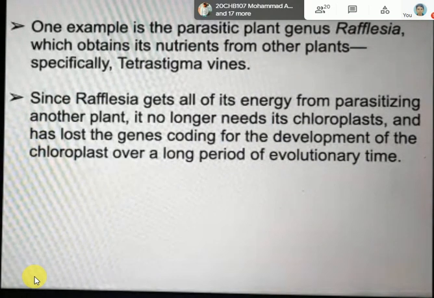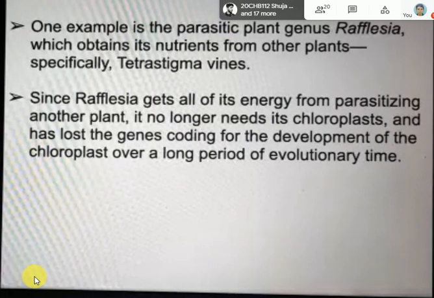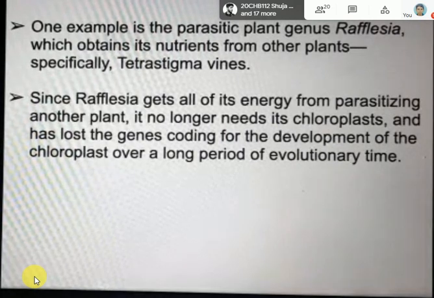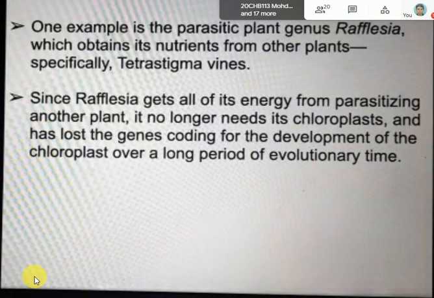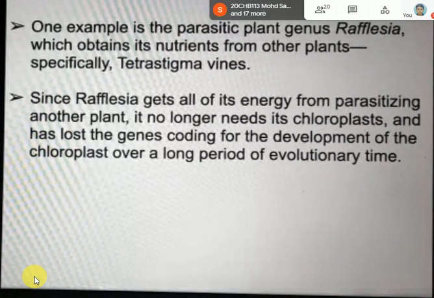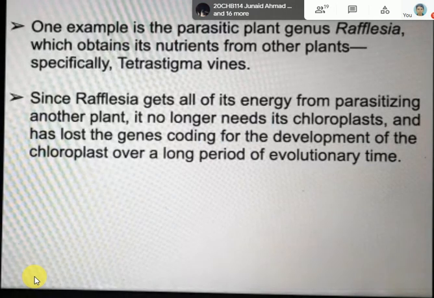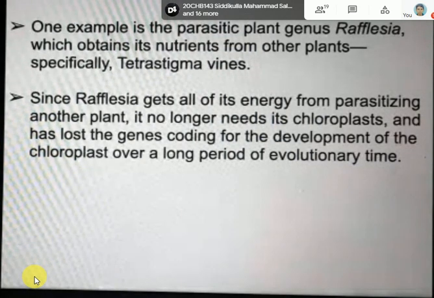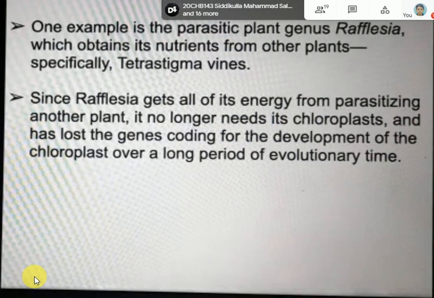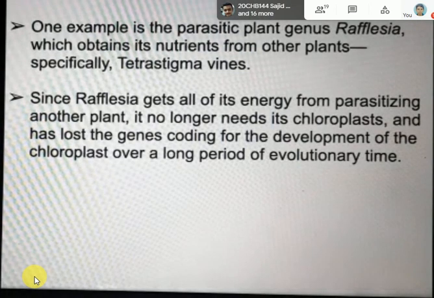Rafflesia is considered to have the largest flower, about 1 meter in diameter. So in Rafflesia, the flower is almost 100 centimeters, or 1 meter, in diameter.